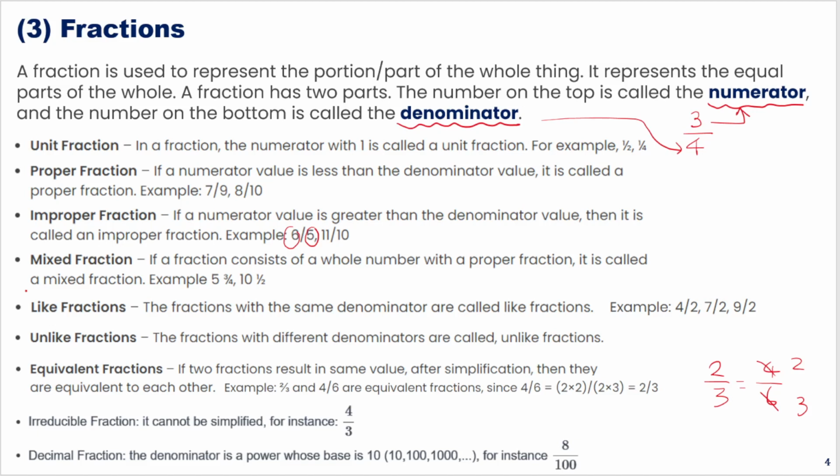And next, irreducible fraction means it cannot be simplified. For example, 4 over 3 cannot be simplified further. So this is called irreducible fraction. And next, decimal fraction means the denominator is a power whose base is 10. For example, 8 over 100. This is called the decimal fractions.